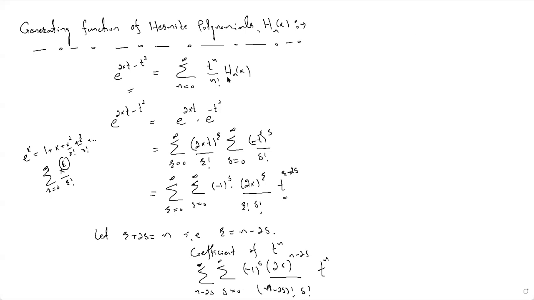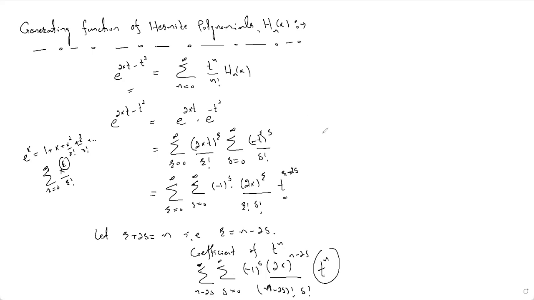Now try to understand what I am going to say. The total value of this t raised to power n is obtained by summing over all the allowed values of s. That is, whatever the allowed values of s are, the total value of t n can be obtained by taking the summation over all these allowed values of s.